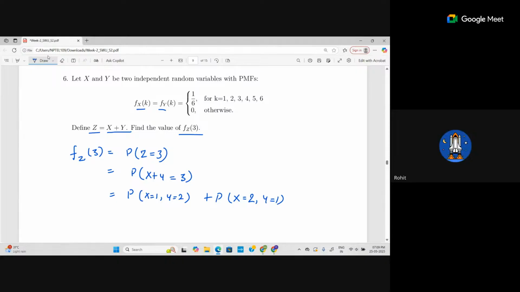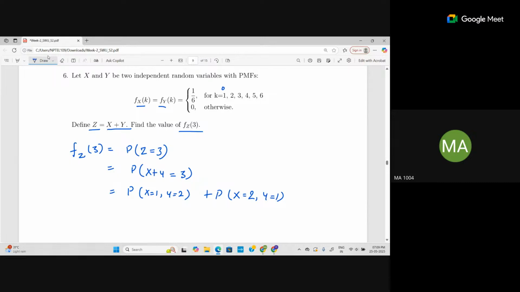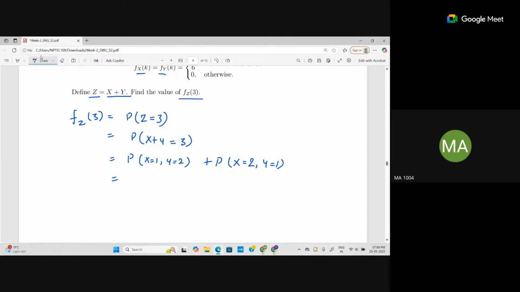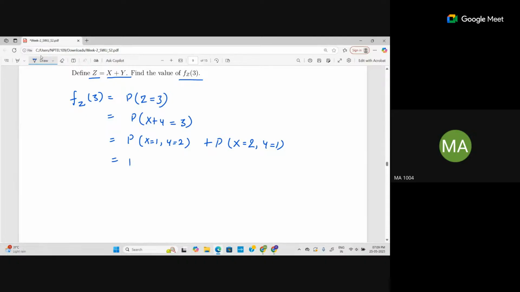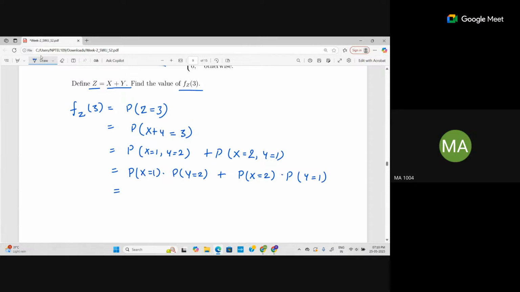If 0 were also included, then we could say x is 0 and y is 3 and so on, but 0 is not here. Only these two cases. Now we know that x and y are independent, so the joint can be written as the product of the marginals. And now we know the marginals of x and y, so we can simply use the PMF.